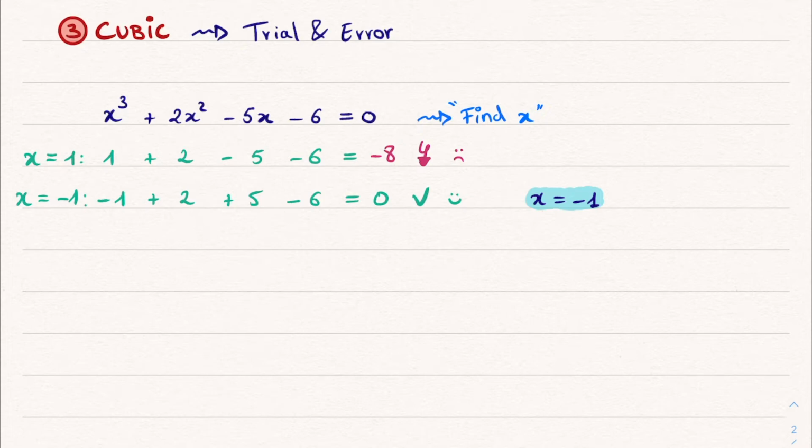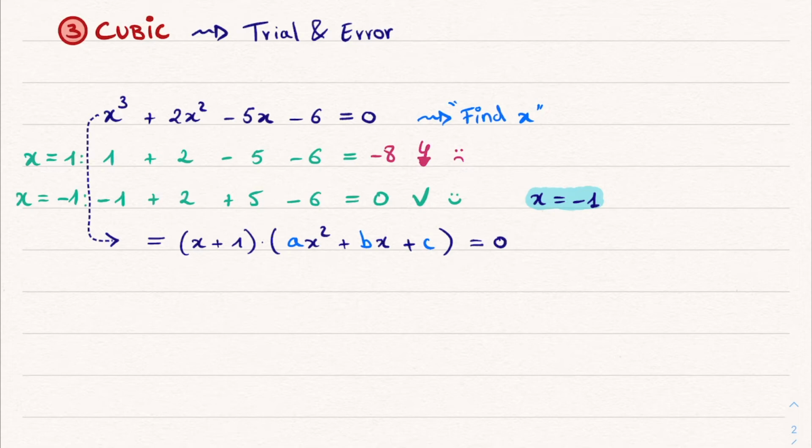So how do we go from here? Well, because this is a third-order polynomial, it has at least 3 solutions. So how to find the two other ones? Because x is minus 1 makes this equation 0, we can factor out x plus 1 from this equation, with the remaining brackets being a quadratic equation. Now we need to determine what the coefficients of this quadratic equation will be, and we will do so by comparing it with our original equation.